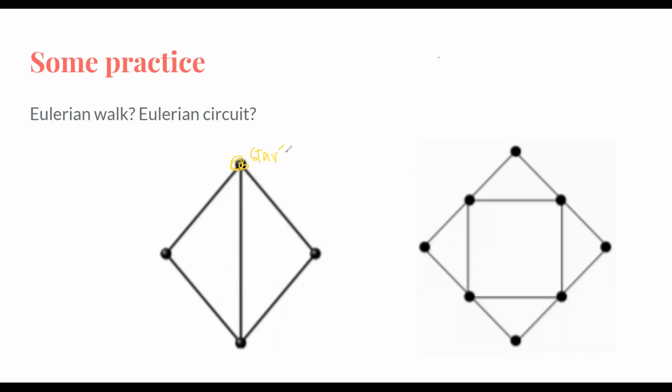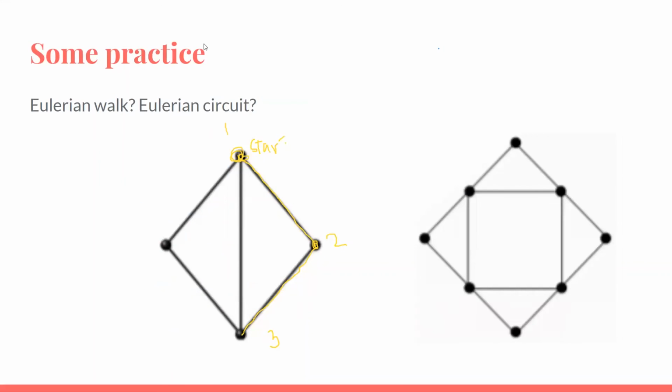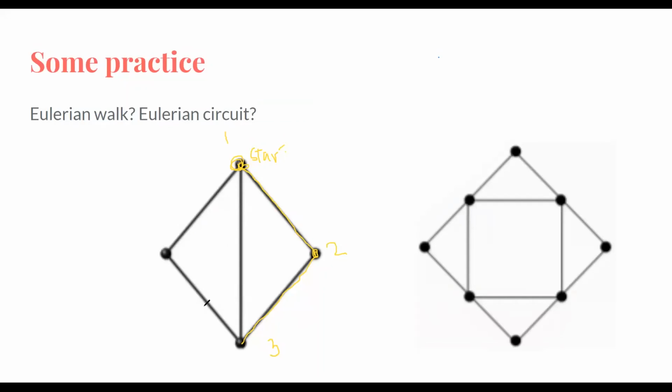If I go along like this, I'll label my vertices so you know which one I traveled to: 1, 2, 3 to 4, and then come back here. Remember, it doesn't matter that I'm visiting this vertex twice because we only care about the edges. And then go down here like this. Yes, an Eulerian walk does exist for this graph.